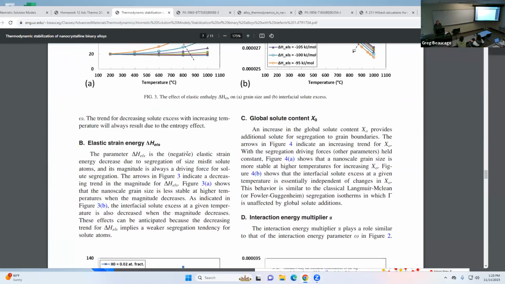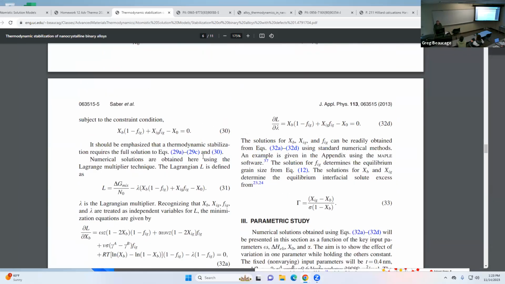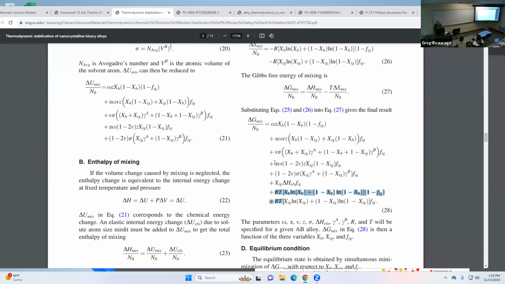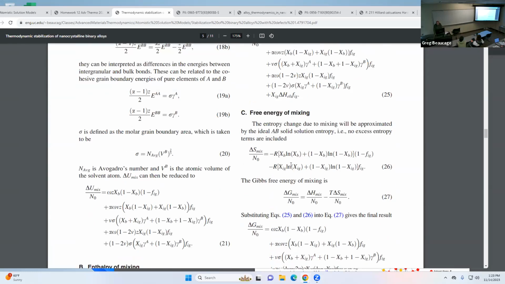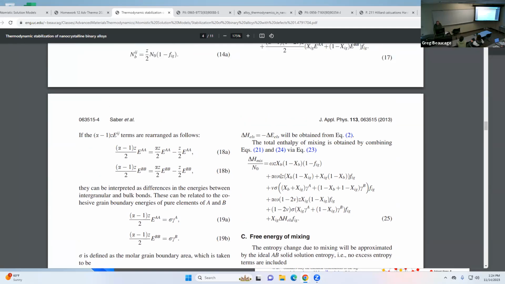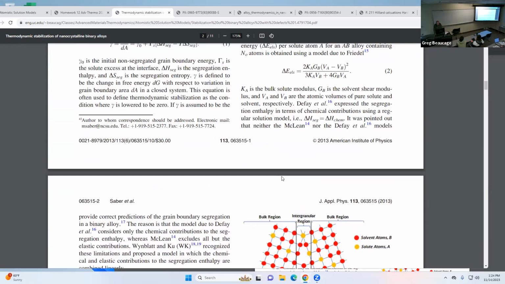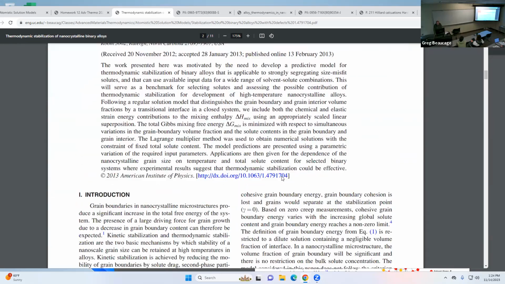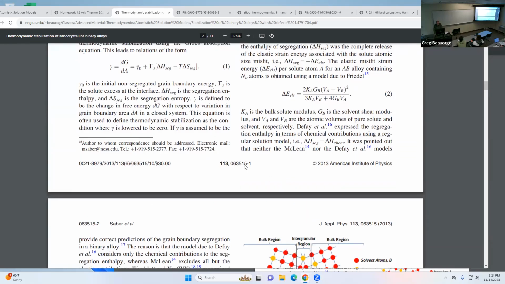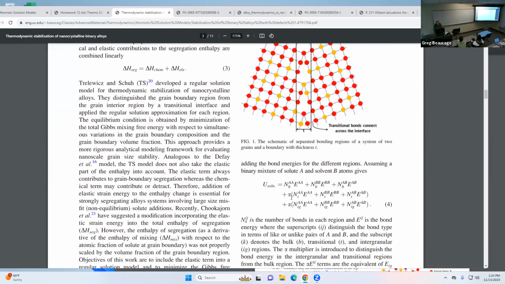Alpha should be the bond energy at the interface. So alpha is always in front of the interfacial terms, wherever the energy terms are. So if alpha is small, that means the interface energy should be lower, and that should lead to smaller grains, I think.